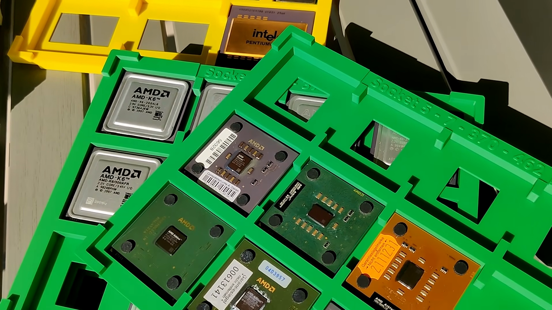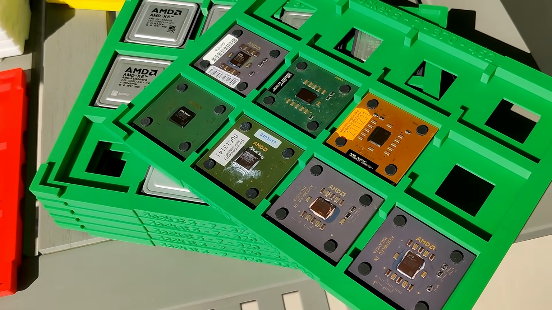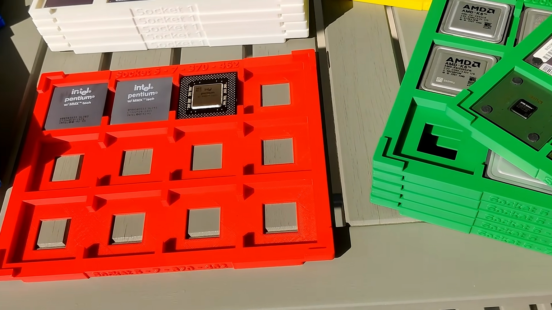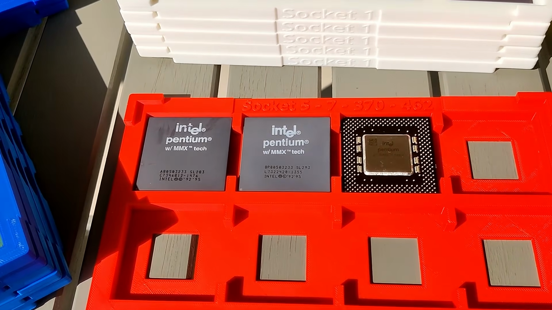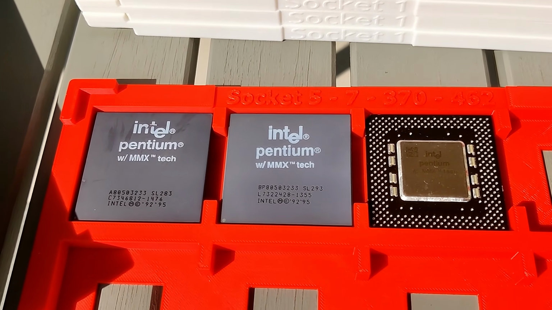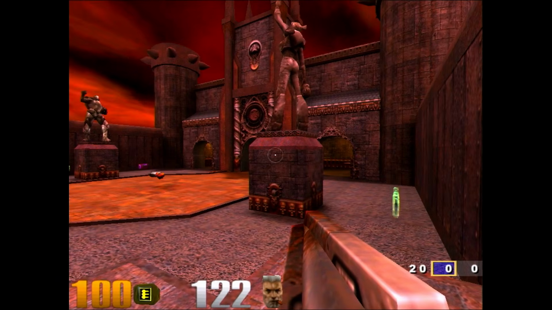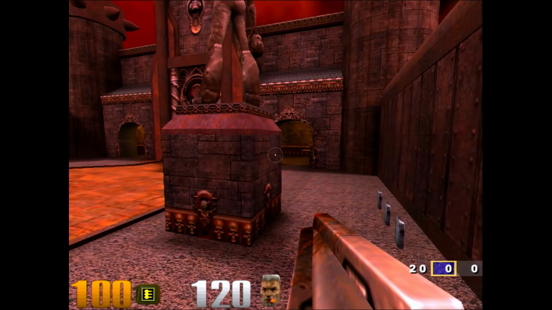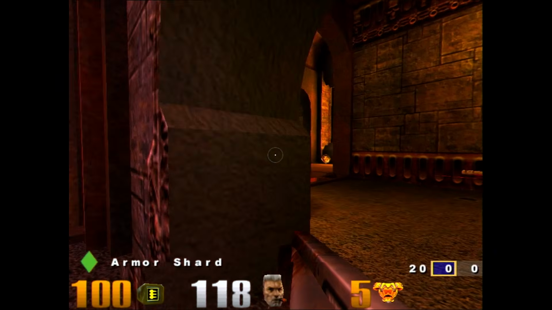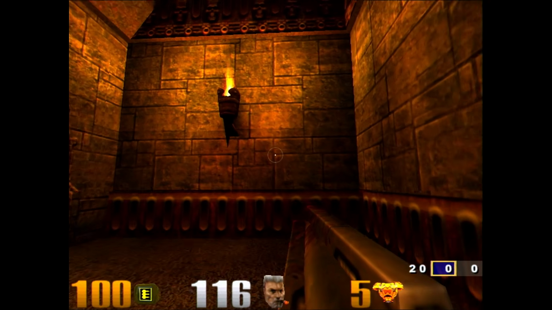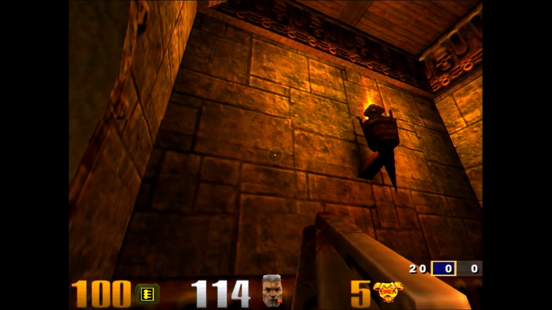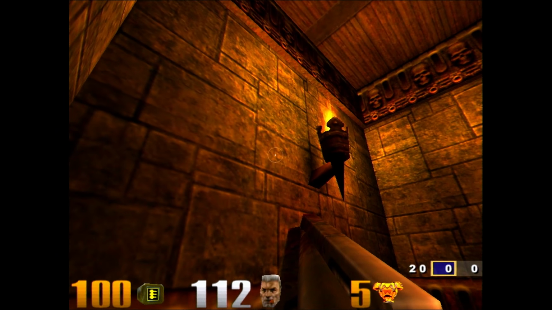And also maybe a slot A AMD Athlon. Let me know in the comments which CPUs you want to see. Then we'll make another video just benchmarking different CPUs. And maybe these benchmarks also give you an idea which CPUs are better utilized in Quake 3 Arena because of the fast inverse square root algorithm.